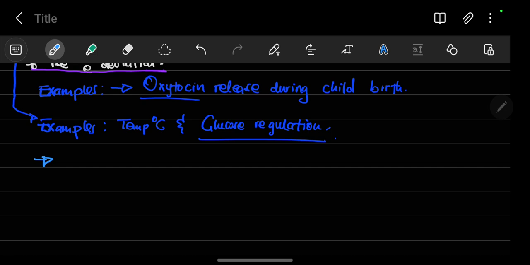So what I'm going to be doing, I'm going to summarize self-study material. We shall be using self-study material.